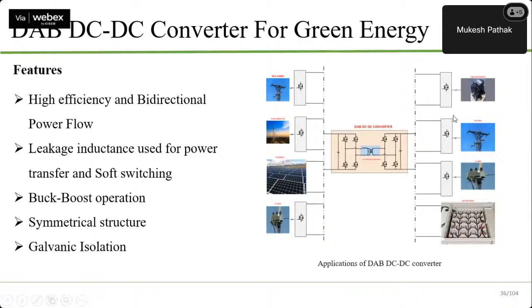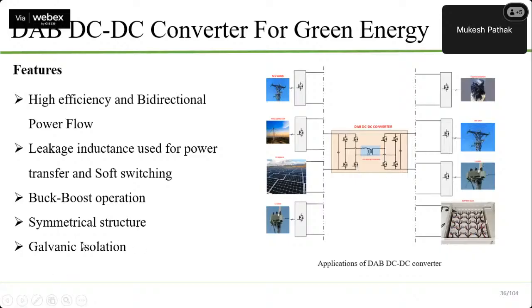Power will not only flow from the input side to the output, but reverse power flow is also possible through this solid state transformer. The leakage inductance of the transformer controls the power transfer and helps achieve soft switching of the converter. Both buck and boost operations are possible. It has a symmetrical structure, so the input side and output side look similar, and the control is more or less similar.